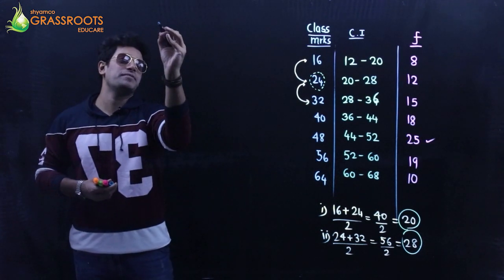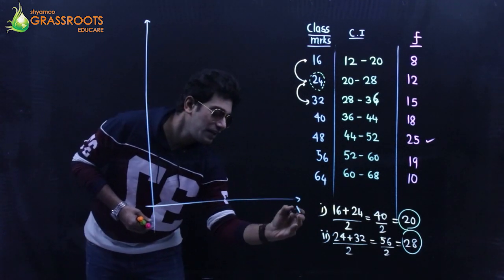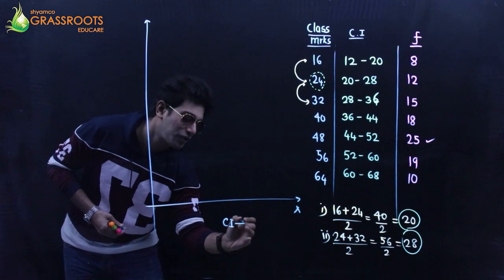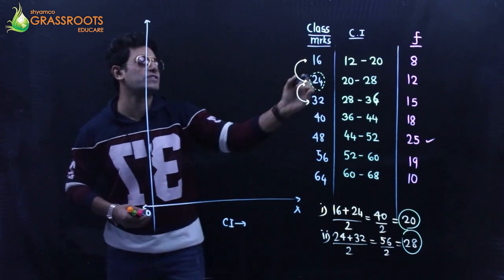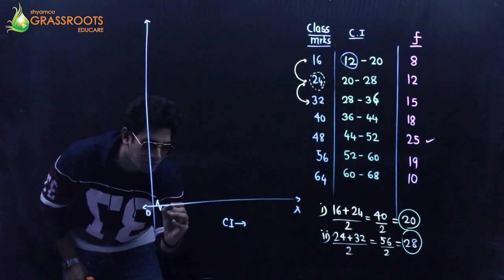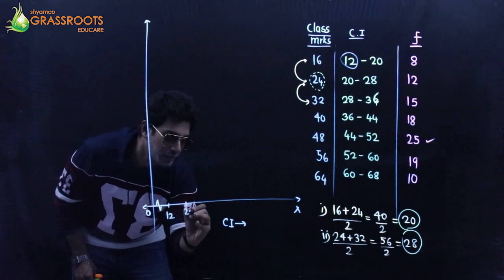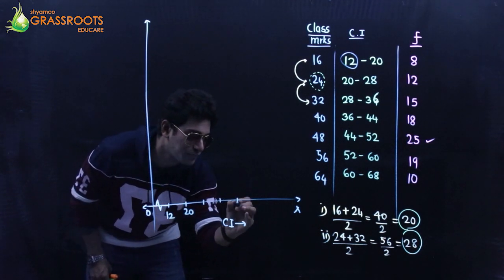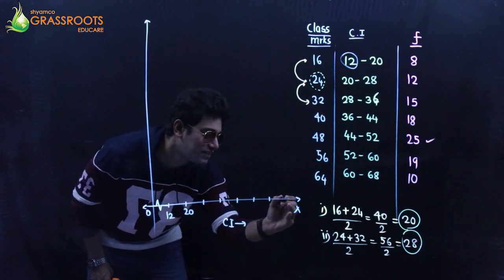So first thing, on a plot, x-axis where you have continuous class interval, we have a kink because the start is from 12. Half a box kink, half a box leave it. This goes from 12, 20, 28, 36, 44, 52, 60 and 68.